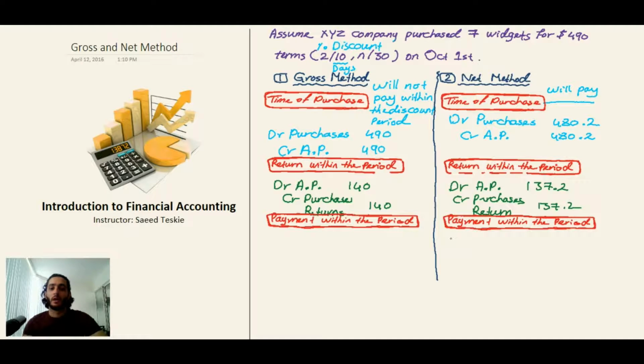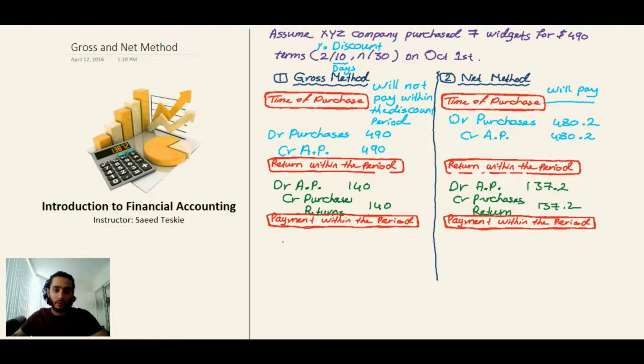Okay, let's assume that when we are using the gross method, we made the payment within the discount period. So at the beginning, we assume that we will not pay within the discount period, but we ended up paying within the discount period.